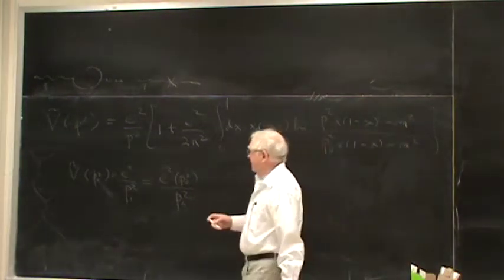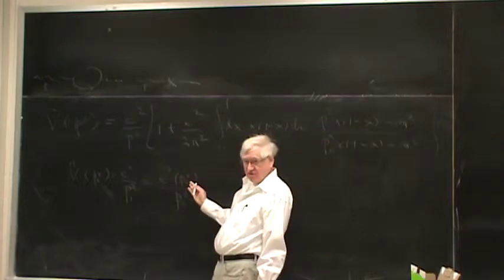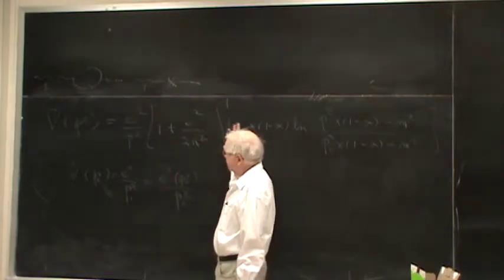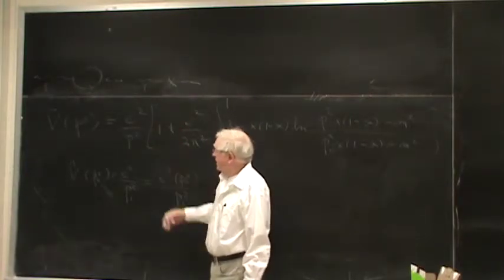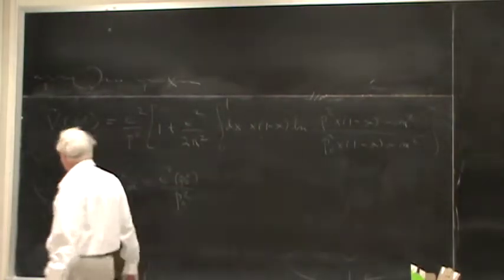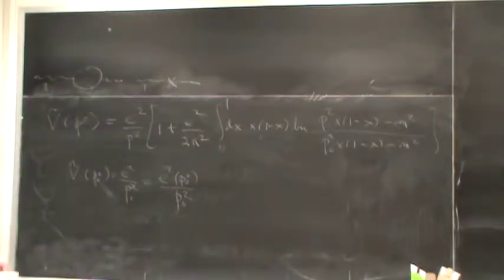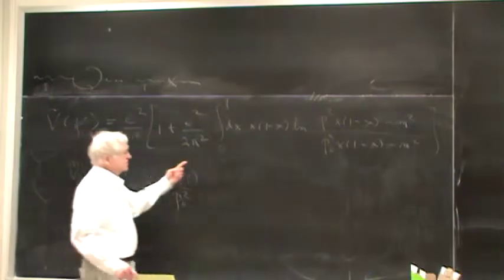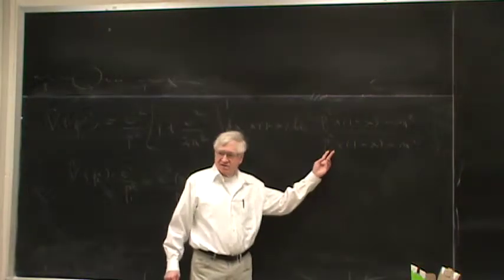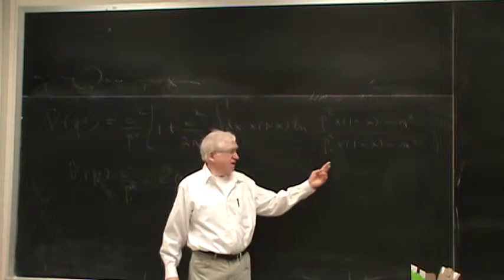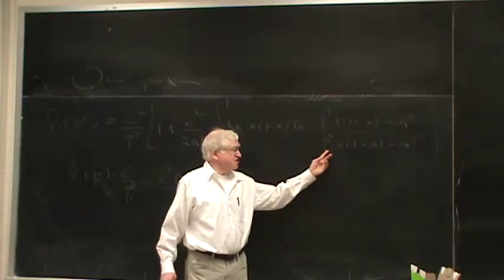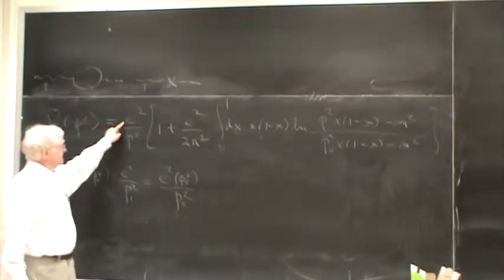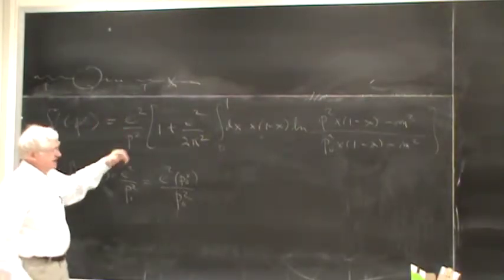In other words, it must be that e of p0 squared varies in such a way as to keep this whole thing independent of p0 squared. If you change this point, I guess you can call it a subtraction point, you want e to compensate that change.